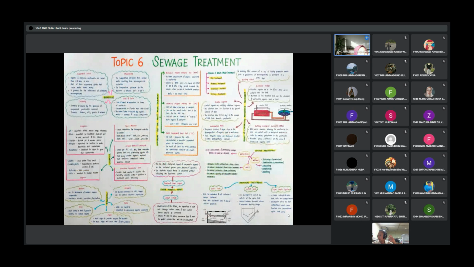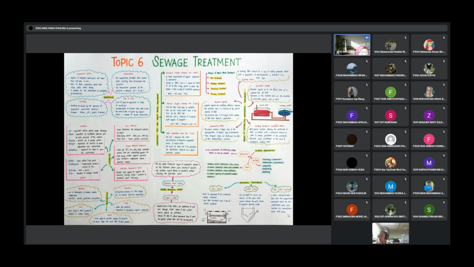The last topic, which is topic 6, sewage treatment. First, the characteristics of sewage are physical, chemical, and biological. And each of them has explanation and example.